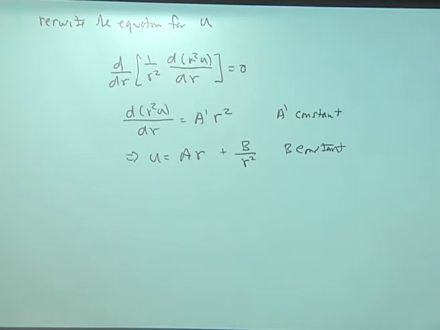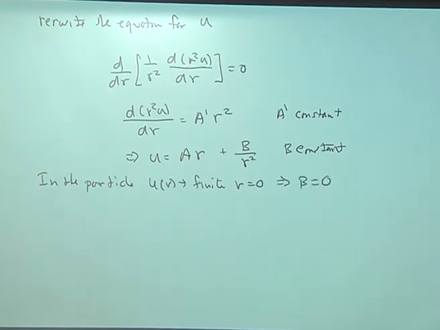And now let's begin to apply this. So in the particle, U of R has to be finite at the origin, where R is equal to 0, which implies that B has to be equal to 0.